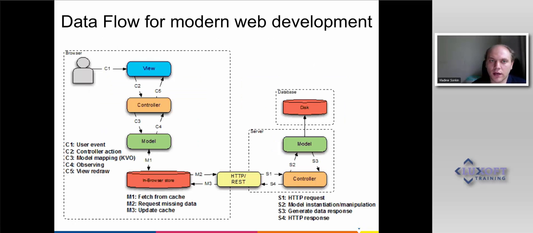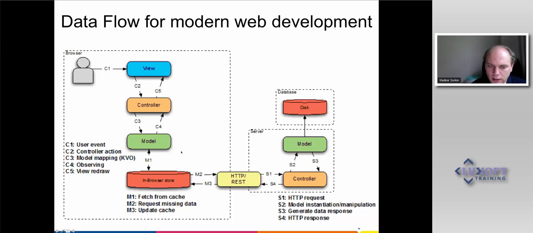So here you can see the data flow of the modern web application. The user is seeing the view, and we have the controller on the client side and the model on the client side. And if we want the application to support offline mode, we can also do synchronization with an in-browser store, local storage, and it allows keeping a rather big amount of data, enough for storing all the data in offline mode and uploading it only when the server goes online.